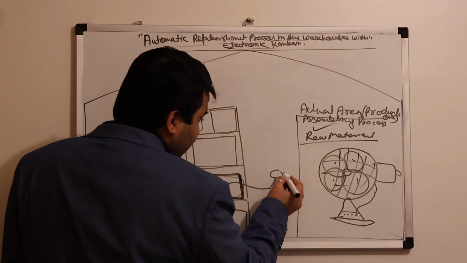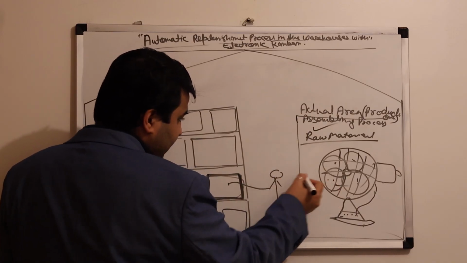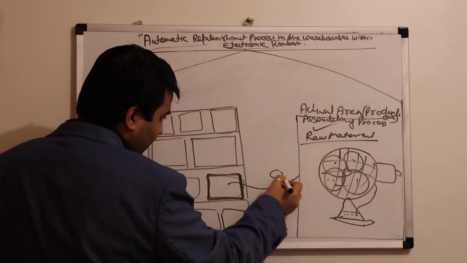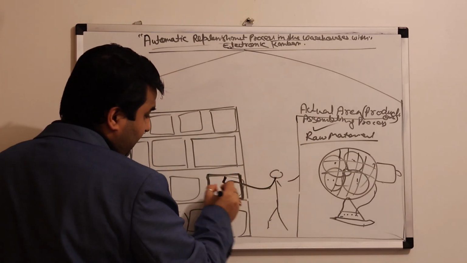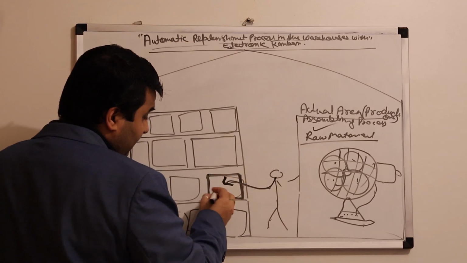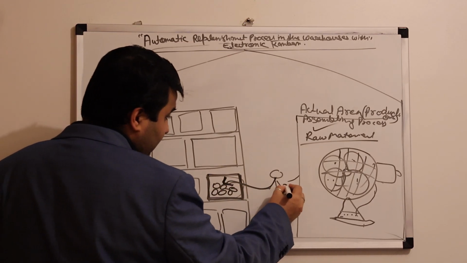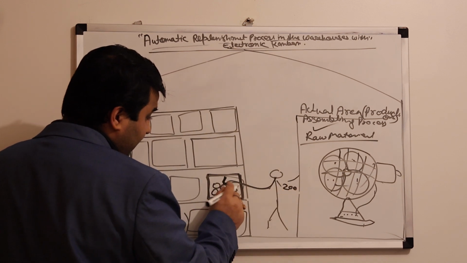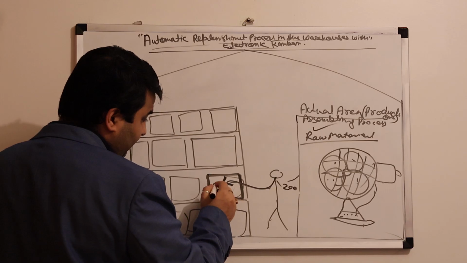Then the effort he has to do is to come and get the notification, for example, come from here to pick, and then he will come to know this bin is empty or doesn't have the required material. Suppose he wants 200 pieces, but it has only 2 pieces or 20 pieces.